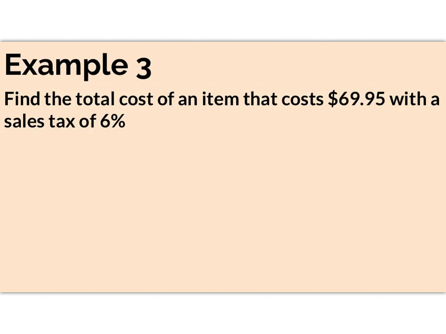Okay, example 3. Find the total cost of an item that costs $69.95 with a sales tax of 6%. So if this is 100% and this is 6, we have 106 total percent times 69.95.